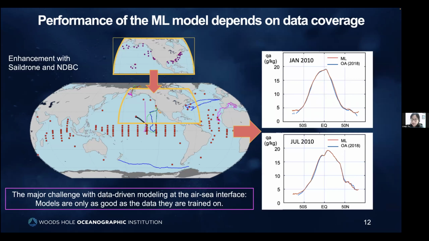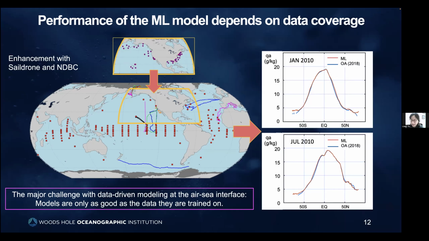In order to improve this machine learning model, we put a lot of effort into pulling in the NDBC buoys and also Saildrone measurements that cross those 15, 16 degree SST boundaries and also cover high latitude and coastal regions. We have 50 buoys along the Eastern Pacific and the West Atlantic.